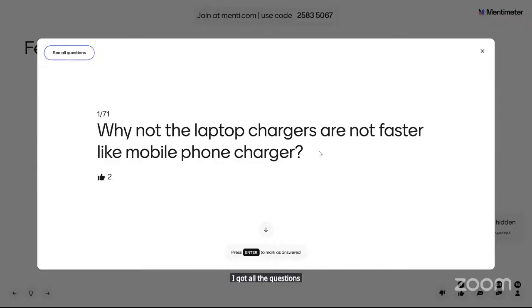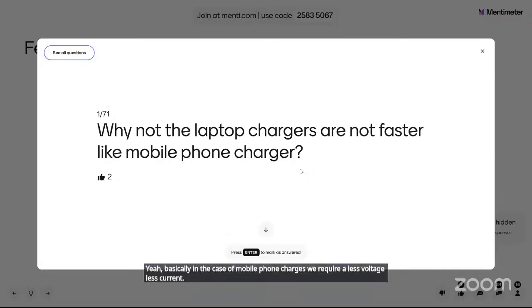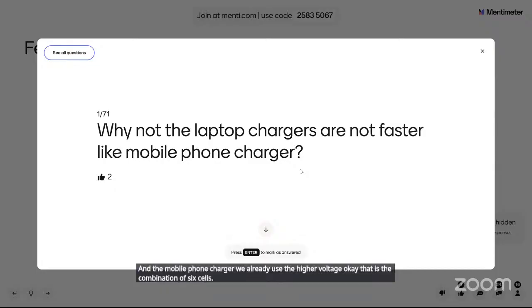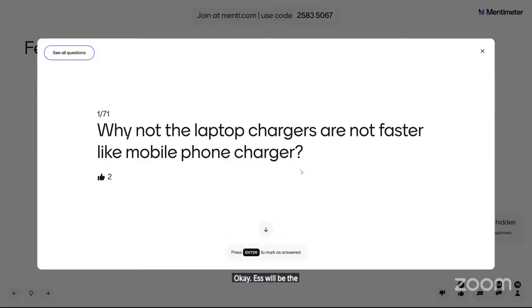Why are laptop chargers not as fast as mobile phone chargers? Basically, in the case of mobile phone chargers, we require less voltage and less current. In the laptop charger, we already use a higher voltage, which is a combination of six cells. Each cell is 3 volts, so we already use 18 volts.